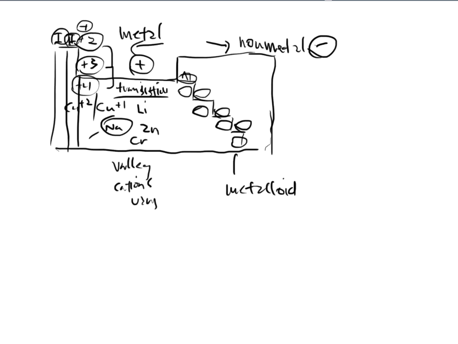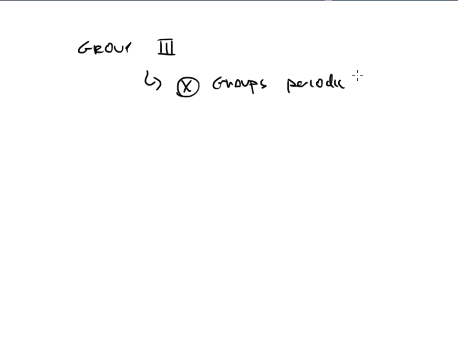All right, so what we have here is a focus on group 3. Group 3 has nothing to do with the actual groups that are assigned on the periodic chart. We have group 1 and group 2, group 3, group 4, group 5, group 6, group 7, group 8.